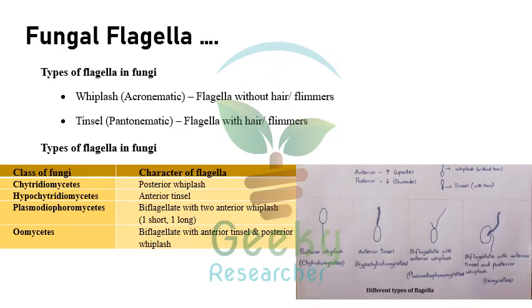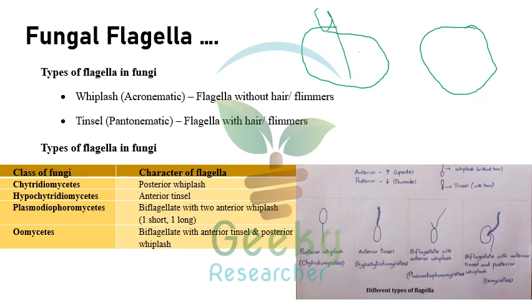Coming to the fungal flagella, in previous years I have seen some questions from this section, so let's have some general basics. Fungal flagella are used for locomotion. Here I am drawing two flagella. A 9+2 arrangement can be observed in fungi, whereas a 9+1 arrangement can be observed in bacteria.